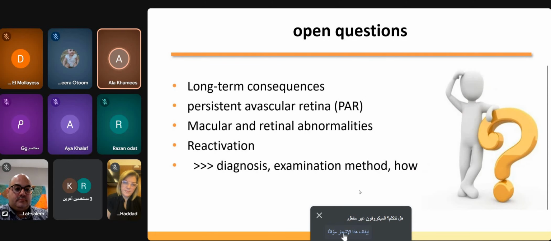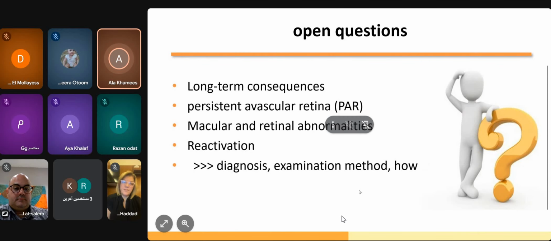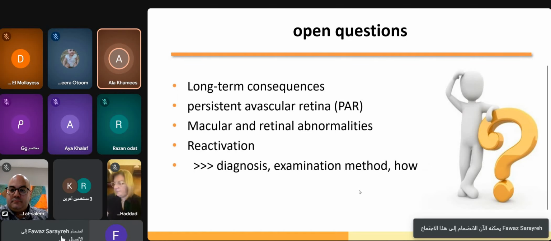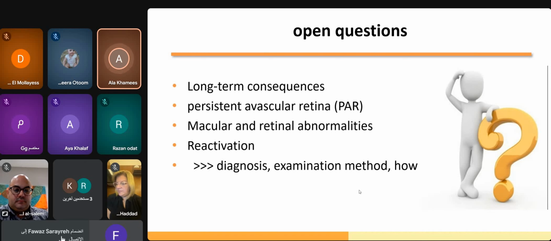There remain too many open questions regarding the therapy, examination, and follow-up of retinopathy of prematurity patients. As we said, long-term consequences, that's not one disease. You need to follow the patient up for a long period of time.